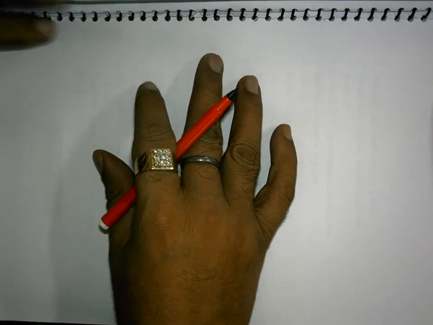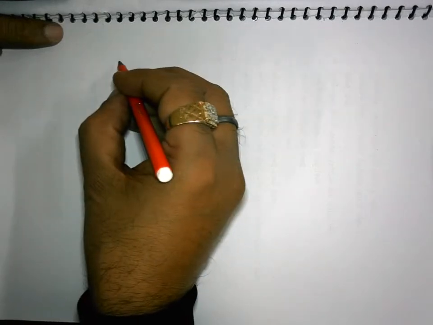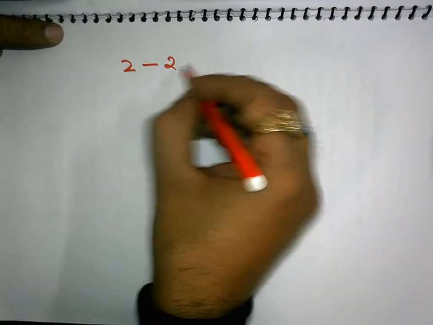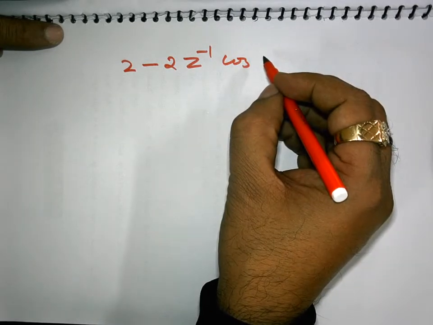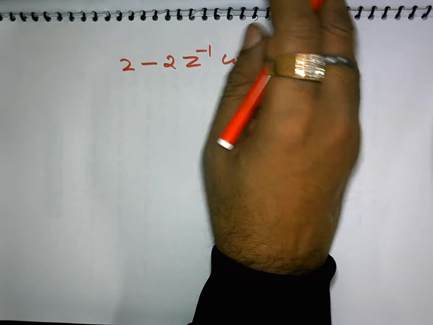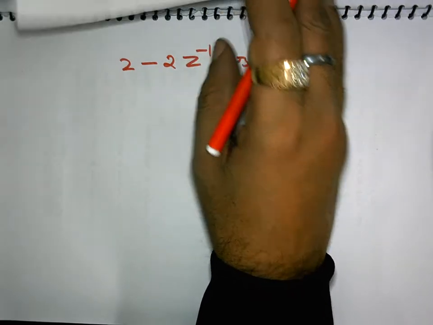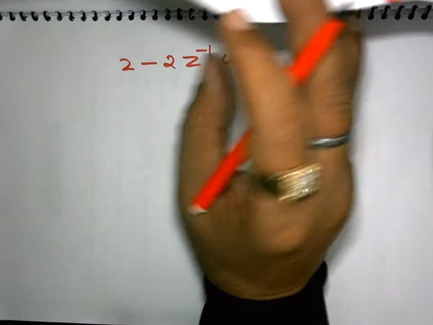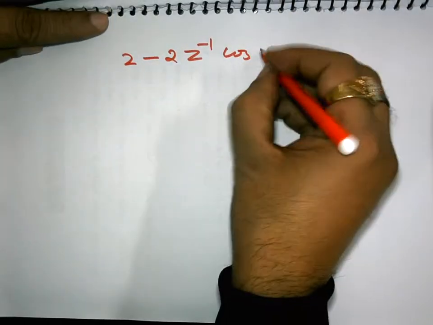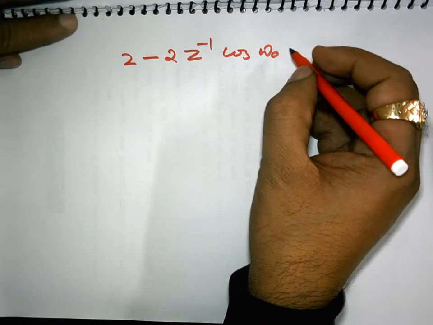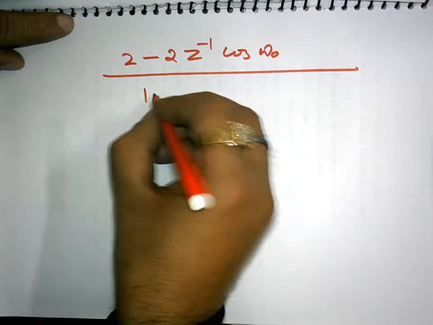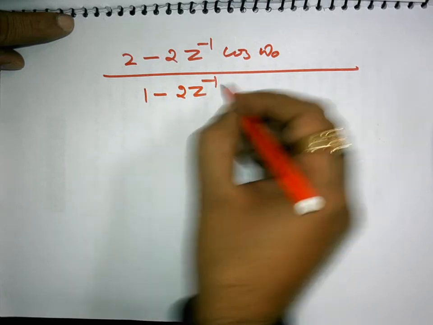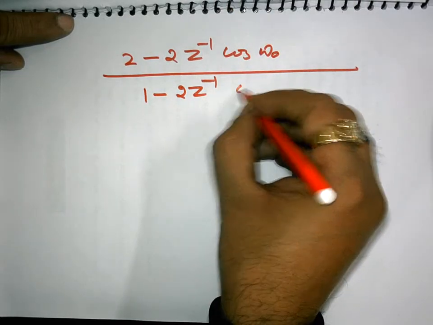Now let us see what is going to happen. We have 2 minus 2 z inverse cos omega 0 over 1 minus 2 z inverse cos omega 0 plus z to the power minus 2.